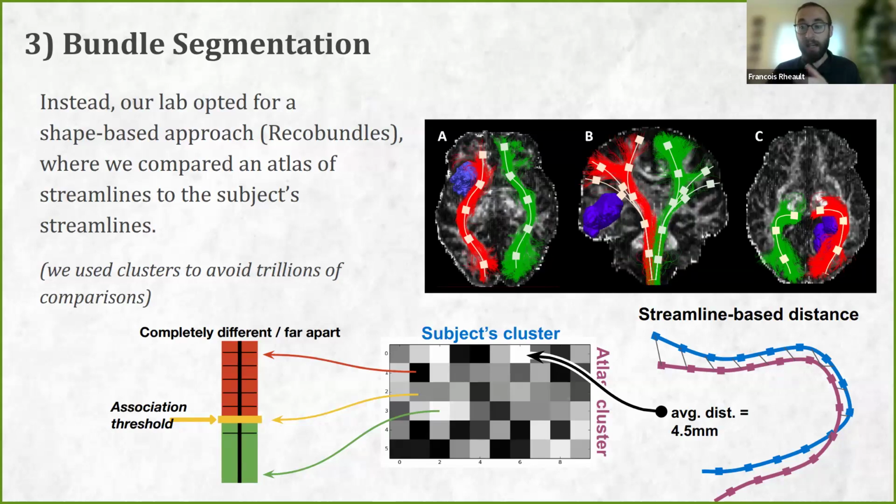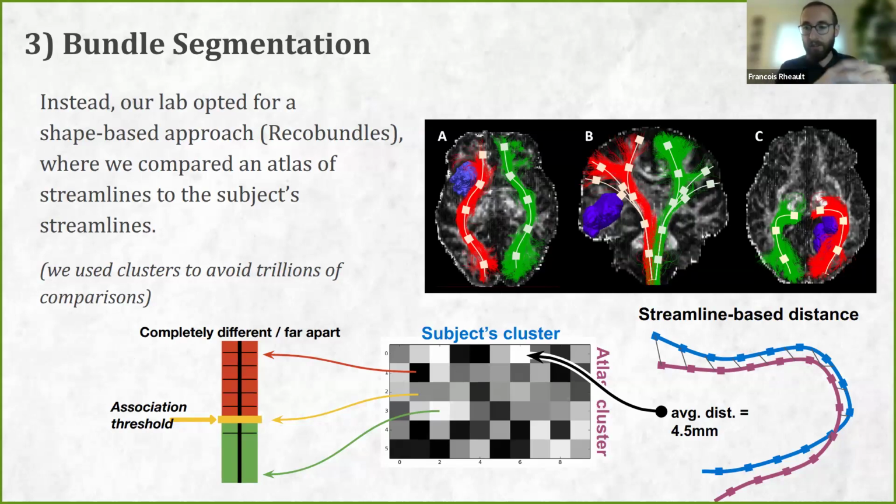The idea is to say, if I find a streamline that is similar to my atlas, it must be the same bundle. If we do it naively, this would be trillions of comparisons because we would compare every streamline to every streamline. The reality of RecoBundles is that it uses clusters. So we do a clustering operation to reduce the computation by simplifying the spatial component of the streamlines.